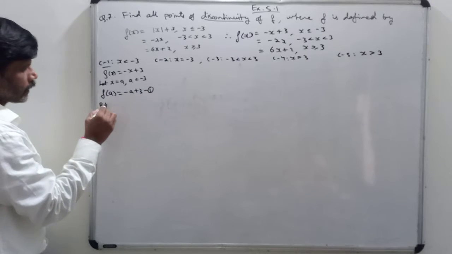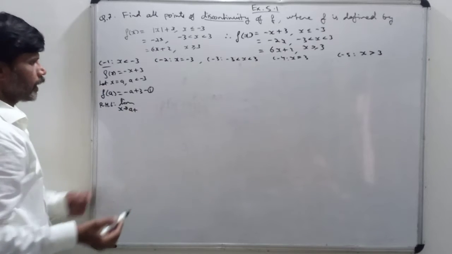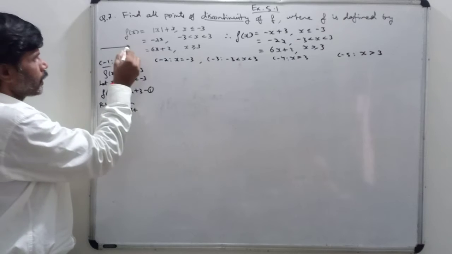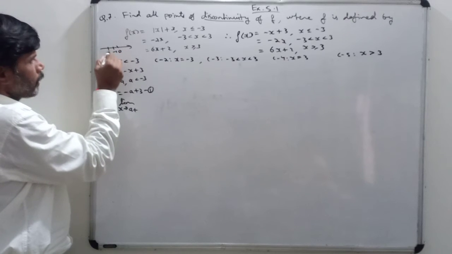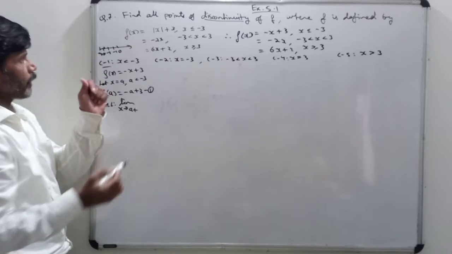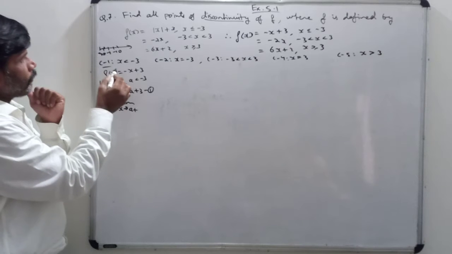Then you find out the RHL, right hand limit, as x tends to a plus.